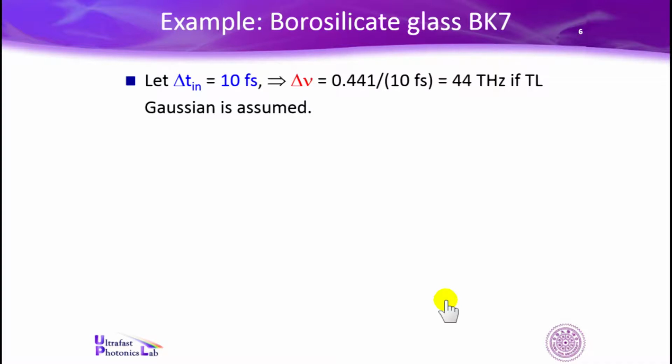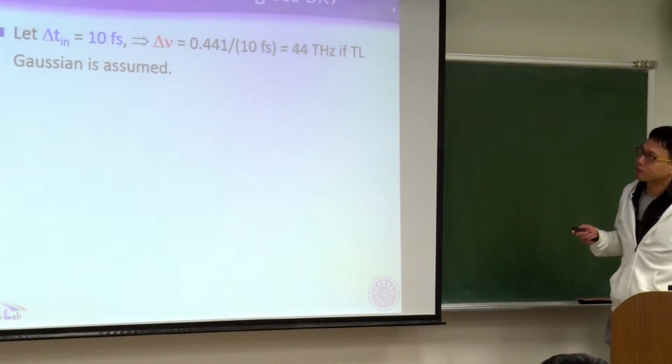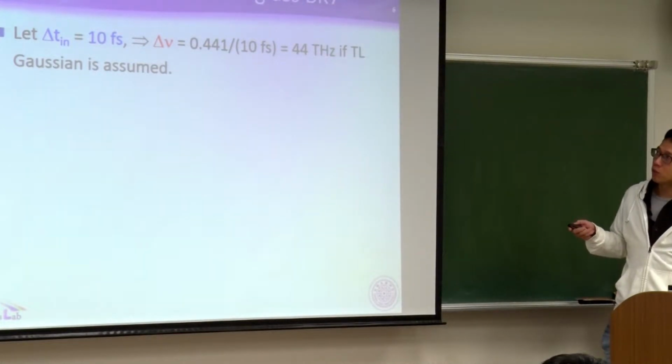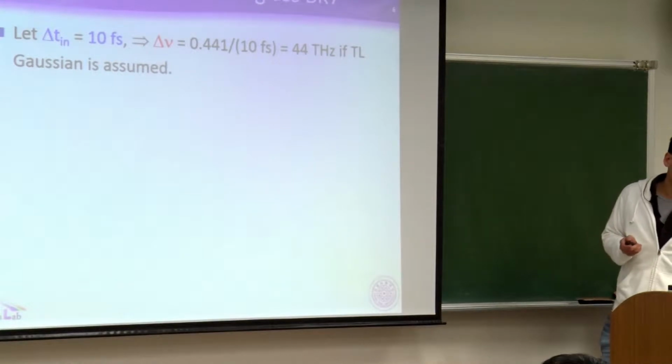Let me give you some example. The borosilicate glass or BK7 glass. This is a very popular medium used in fabricating optics like lens or mirrors or wet plates and so on. Here we assume the input pulse duration is 10 femtosecond.